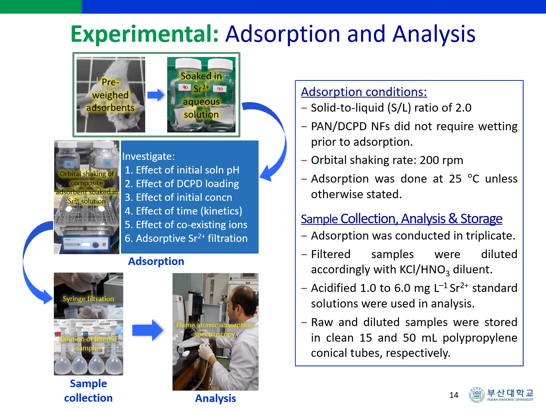Strontium concentrations were determined via flame atomic absorption spectroscopy. Portions of the collected liquid samples were allotted for pH measurements using an Orion Star A211 pH meter, and the remaining raw samples were stored in a cooling chamber.